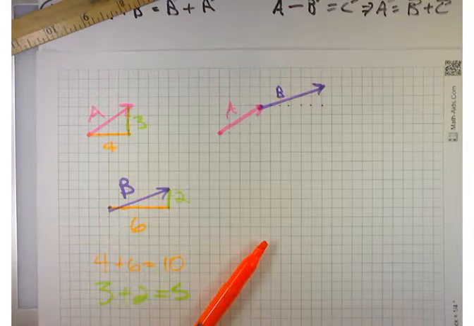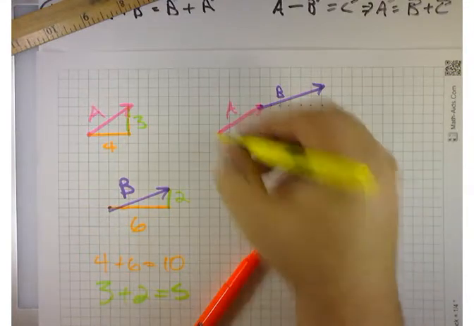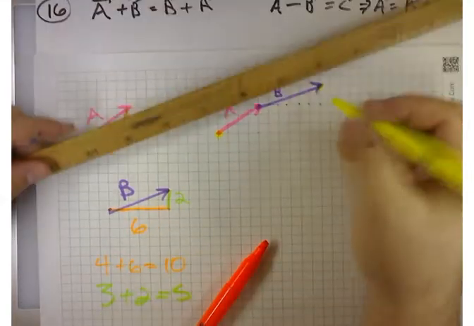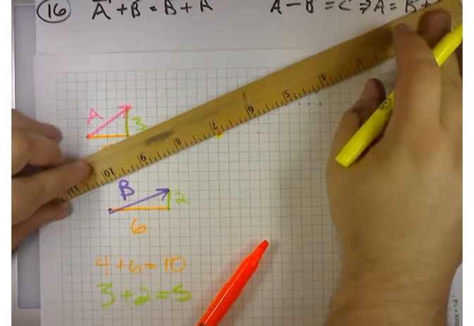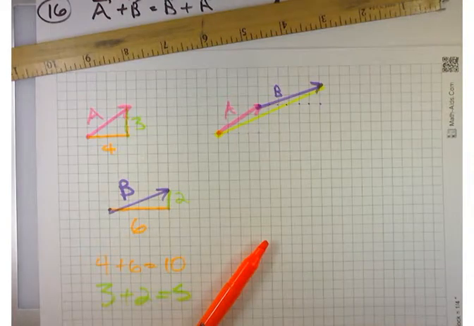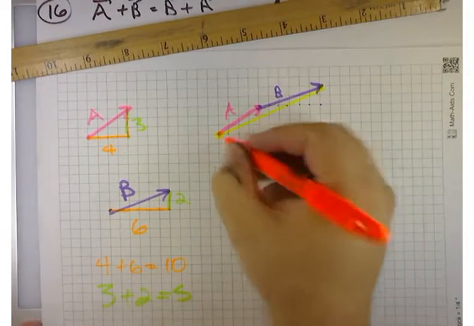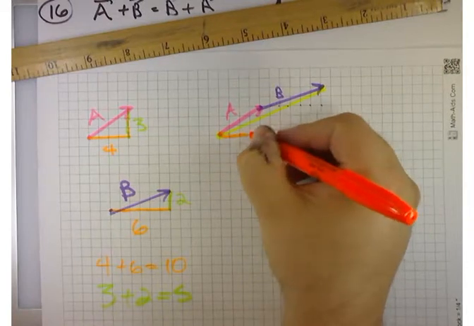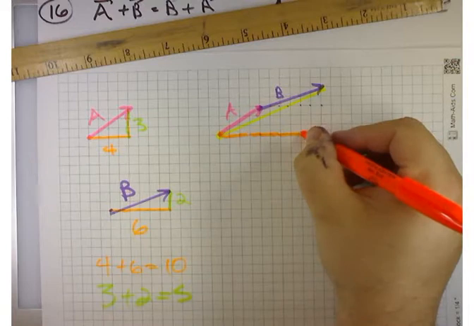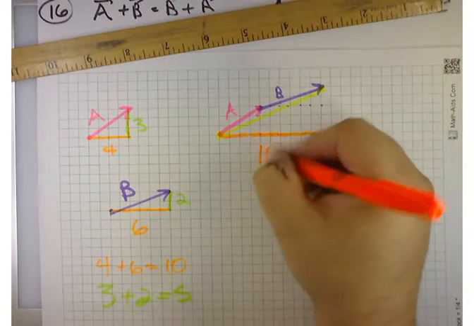Now the resultant vector is tip to tail. So in other words, to draw my resultant vector, which we'll call C, I'm going to go from here to here. I should have gone 1, 2, 3, 4, 5, 6, 7, 8, 9, 10 units in the x direction.